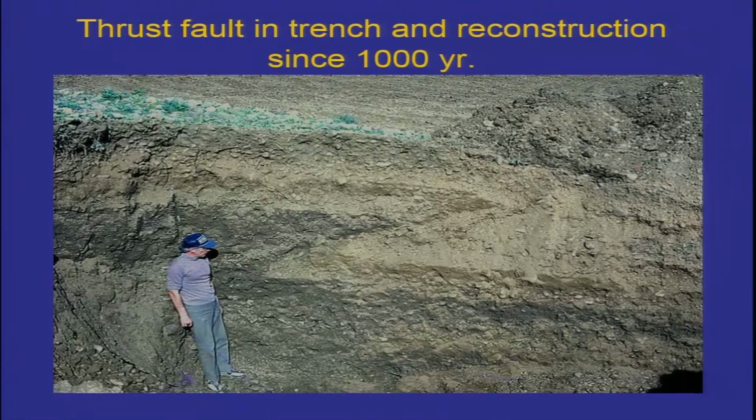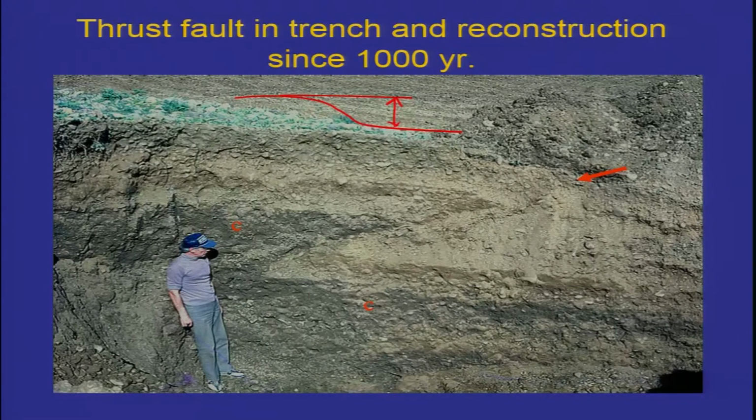This was the 1980 rupture. You have the maximum offset, which shows the cumulative offset of the surface. Similarly, in the trench the older units will get displaced more as compared to the younger ones.